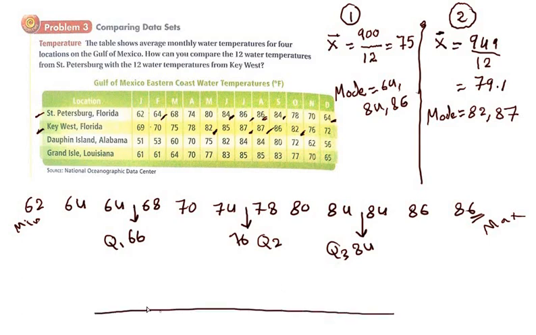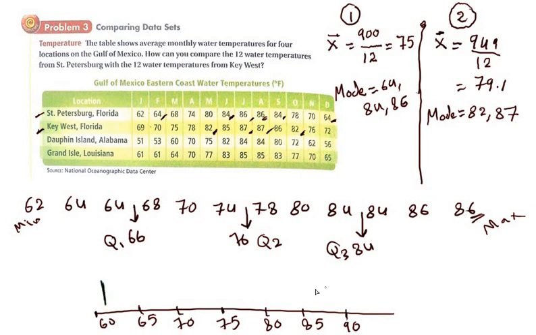Let's make the box and whisker plot now. We will start at 60 and we will end at 90. 60, 65, 70, 75, 80, 85, and 90. The minimum is 62.